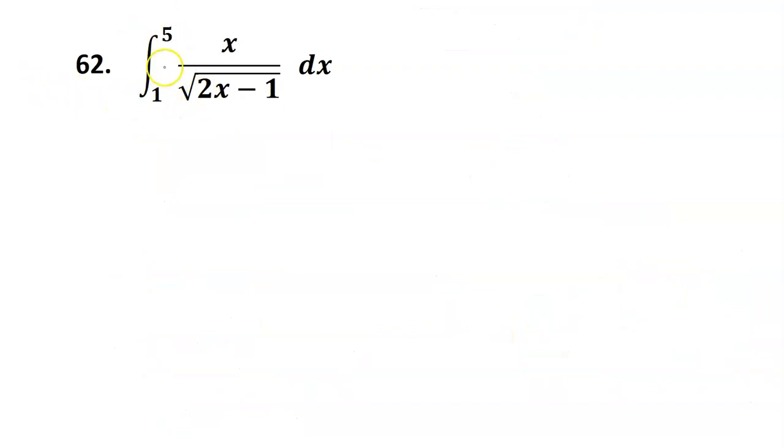Here is another definite integral. This time I'm going to go back to the method where we switch back to x's. So what will the u be? Probably the stuff inside the radical. So let's let u equal 2x minus 1. Now u prime will be just 2. Let's go ahead and do the substitution.